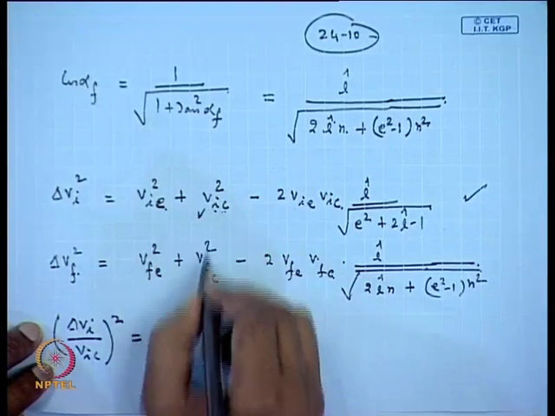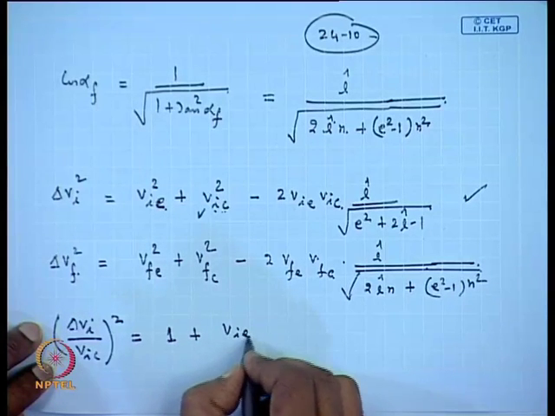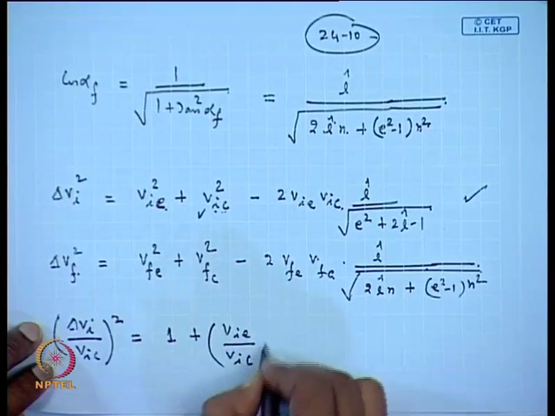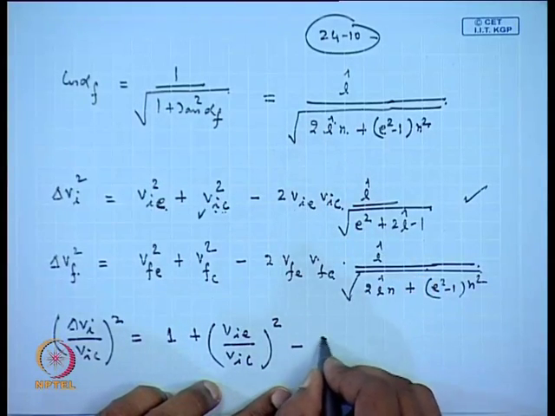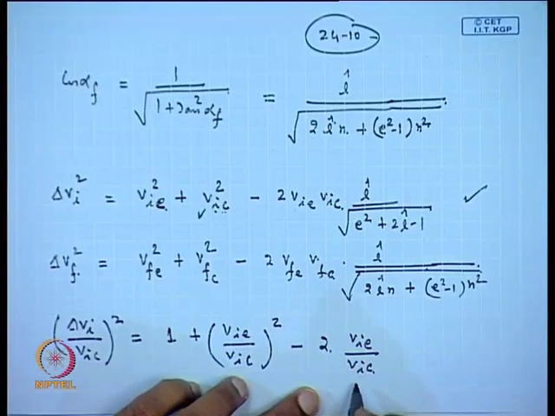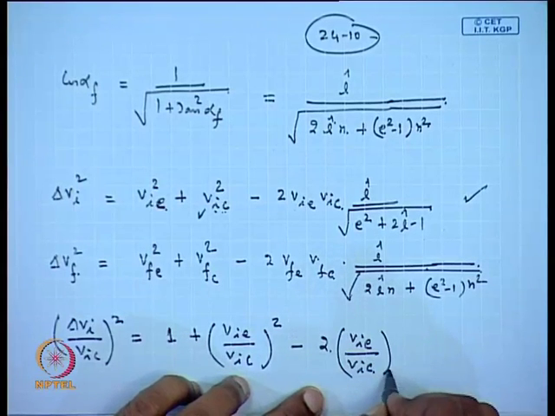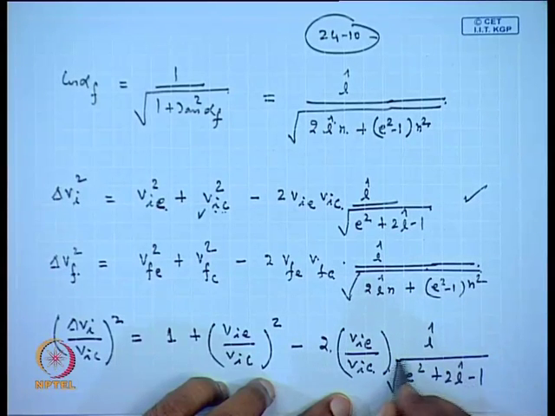So, this particular thing we will write here as 1 plus V I E by V I C square minus, and here V I C cancels out and we get V I E by V I C times L cap by E square plus 2 L cap minus 1 under root.